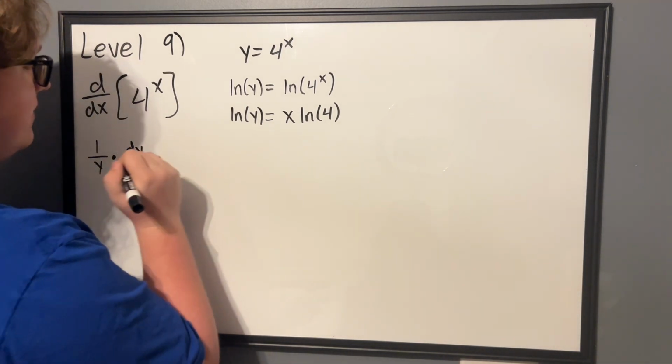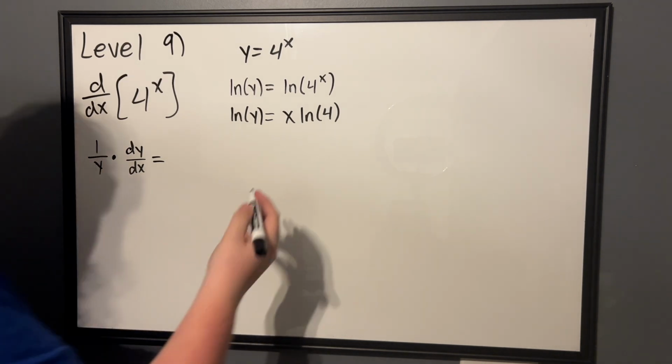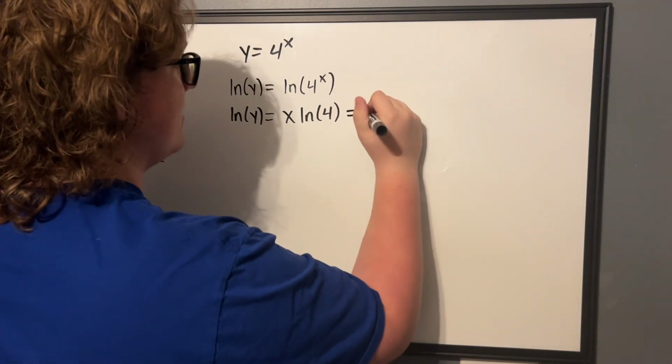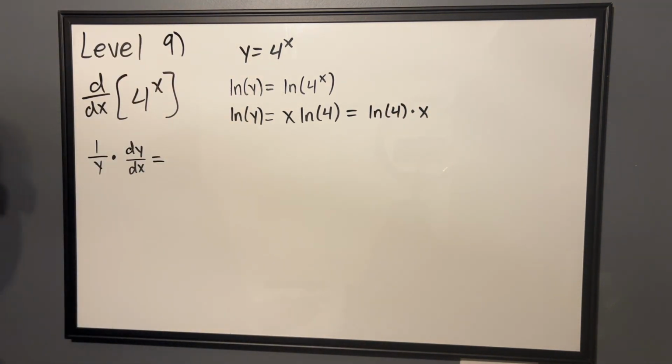Okay, so that's the left side taken care of. Now we want to take the derivative of the right side. So we have x times ln 4. Some students think to do the product rule here, but we don't even need it. Maybe it'll help if we write it like this: this is the same as natural log of 4 multiplied by x.